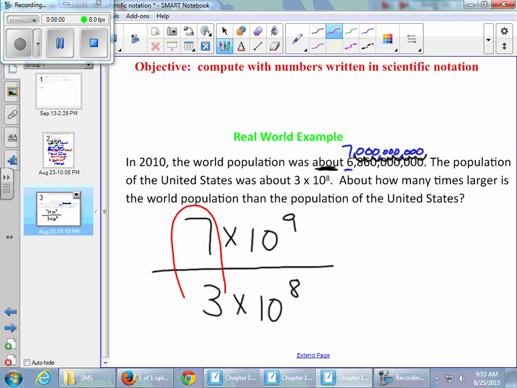We're going to take 7 divided by 3, which gives us about 2.3. And then what do we do when the bases are the same and we're dividing with our exponents? We subtract them. 9 minus 8 is 1, times 10 to the 1st power. And if we're estimating, we can always write this little wavy sign in front. That's about. So the world population is about 2.3 times 10 to the 1st times larger than the population of the United States.